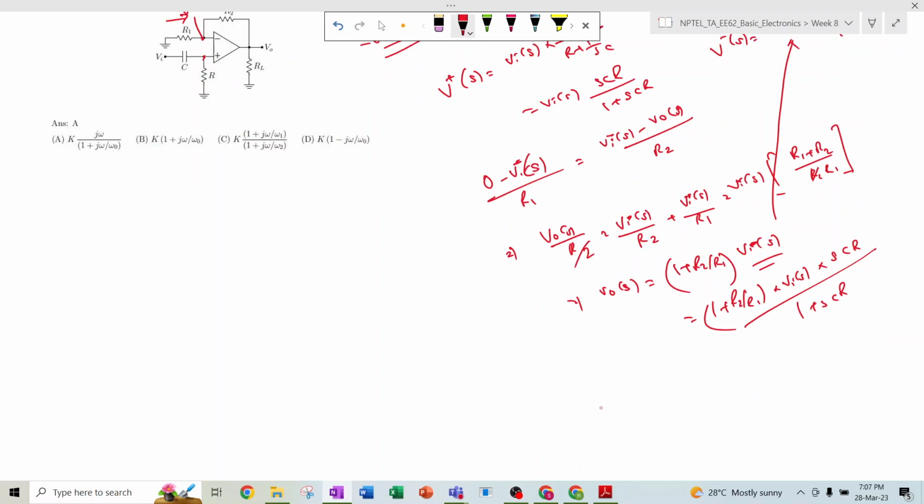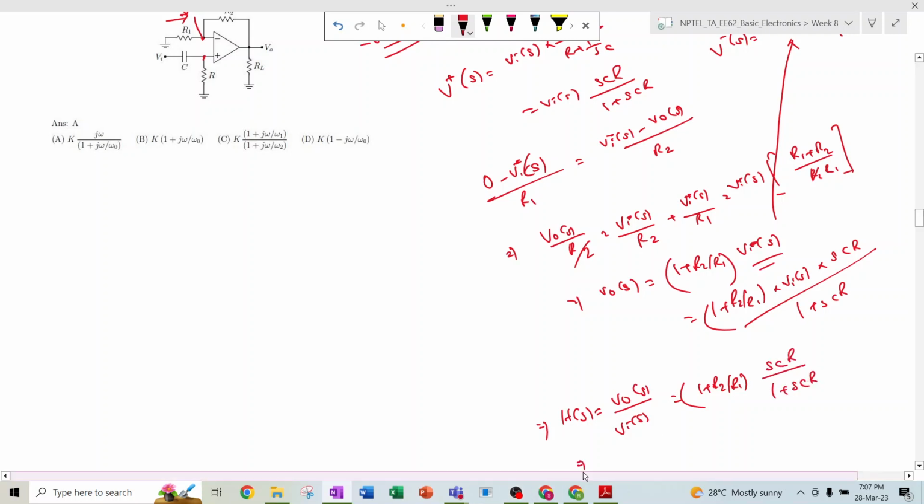So HS, which is VOS divided by VIS, is equal to 1 plus R2 by R1 into SCR by 1 plus SCR. So H of j omega is equal to 1 plus R2 by R1 into j omega CR by 1 plus j omega CR.